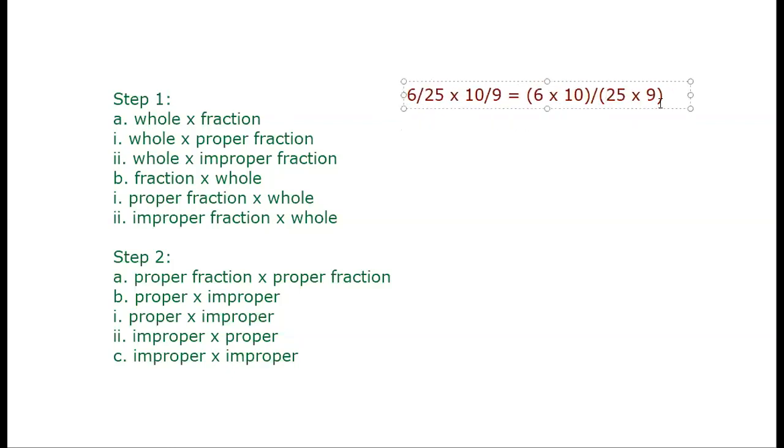Now, obviously, you want to reduce this, right? You want to cancel out the 6 and 9 for 3. Let me see if I can write it in a better way. So, we end up getting 6 times 10 by 25 times 9. It is a good idea to start reducing once you get it in this form.